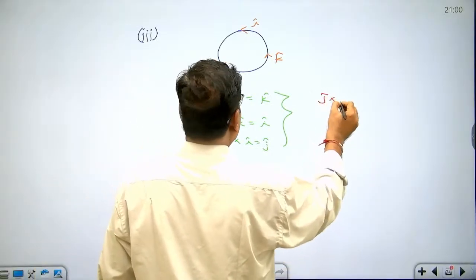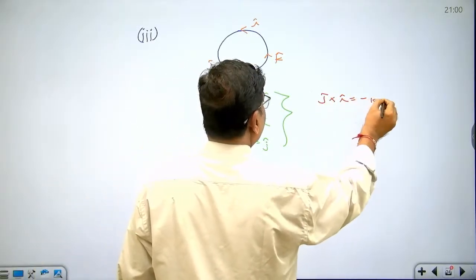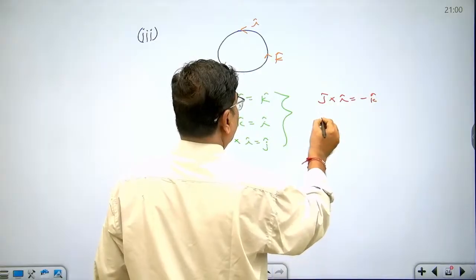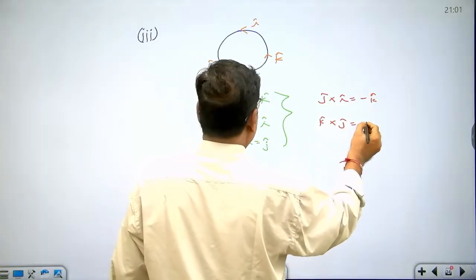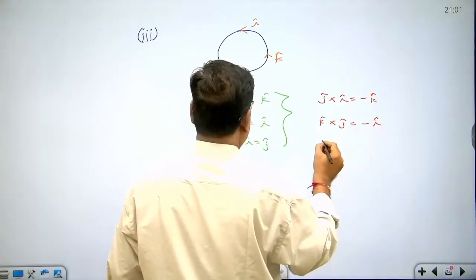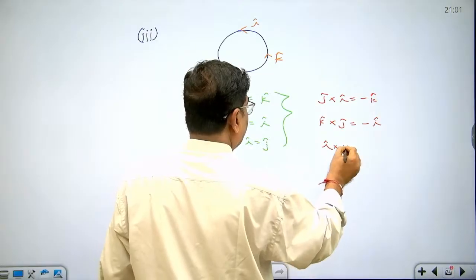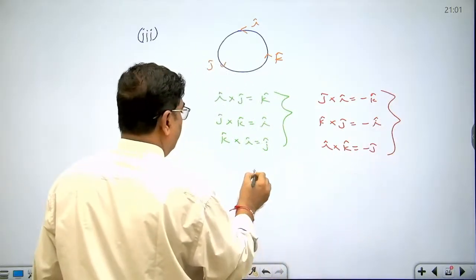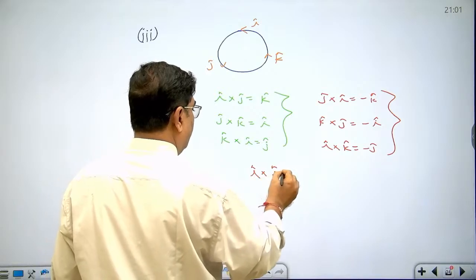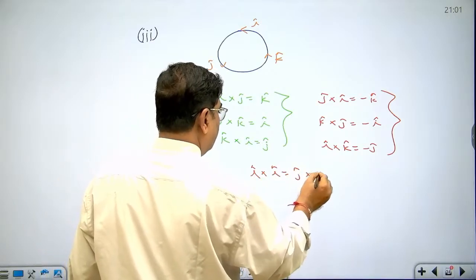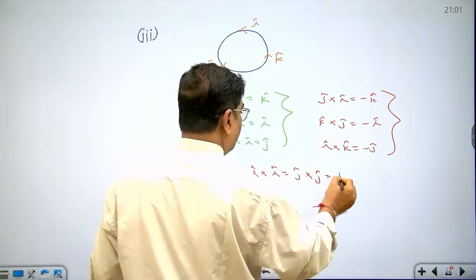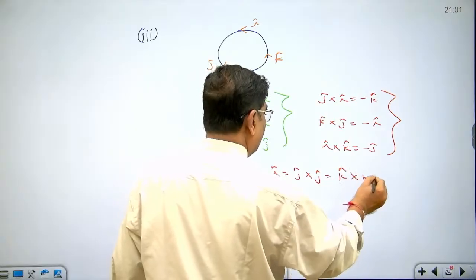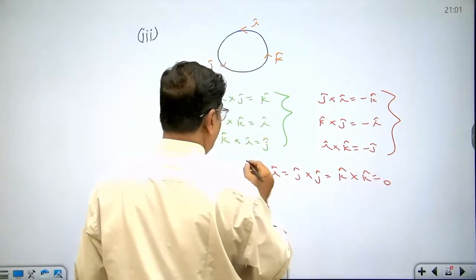In a very similar way, J cross I is minus K, K cross J is minus I, and I cross K is minus J, and I cross I equal to J cross J equal to K cross K, all equal to 0.